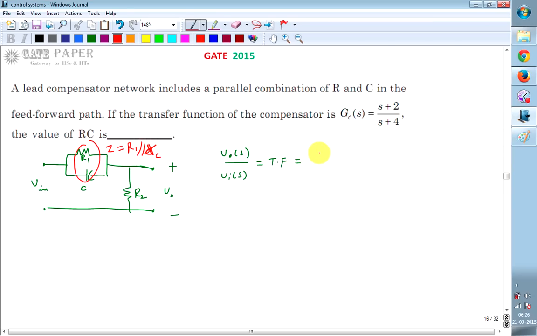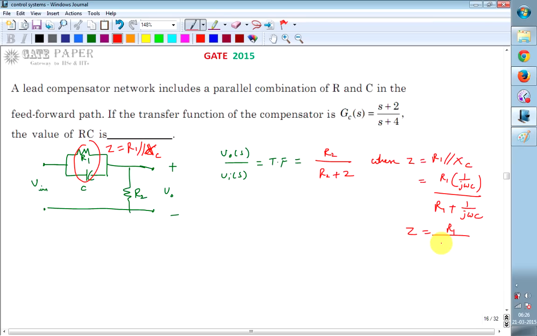So R2 divided by R2 plus Z, where Z is equal to R1 parallel XC, and XC is 1 by j omega C. You will get R1 into 1 by j omega C divided by R1 plus 1 by j omega C. So Z will be equal to R1 by 1 plus j omega R1C.